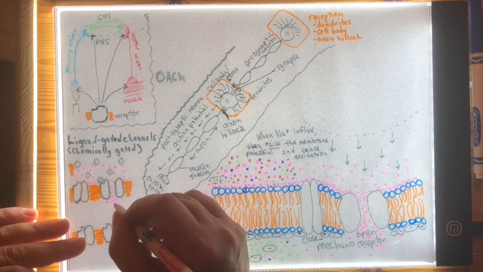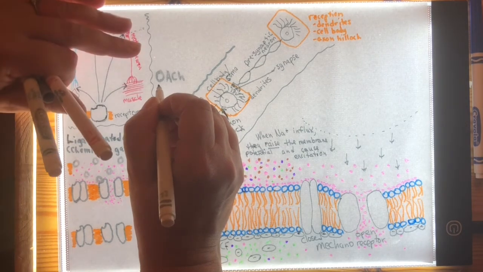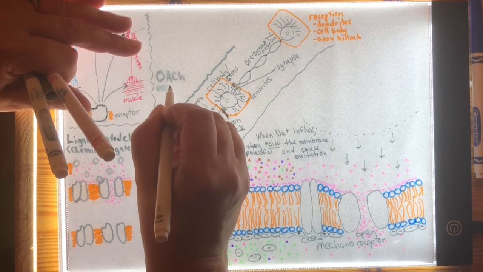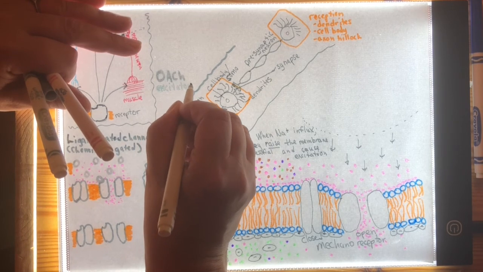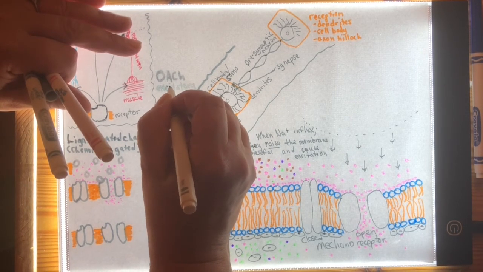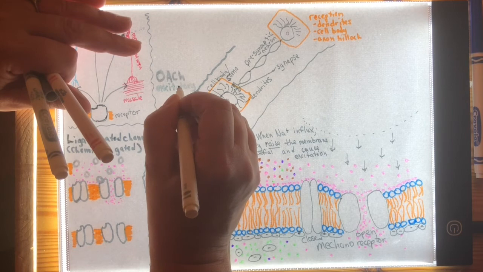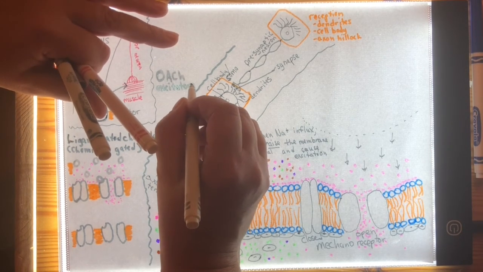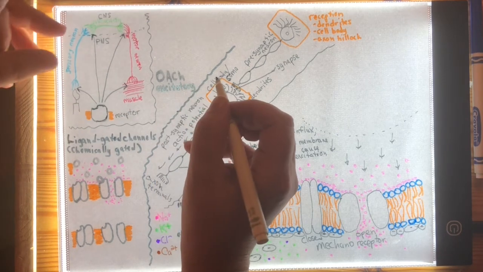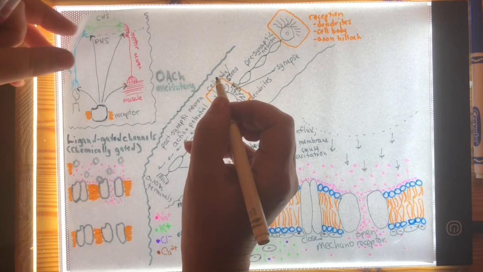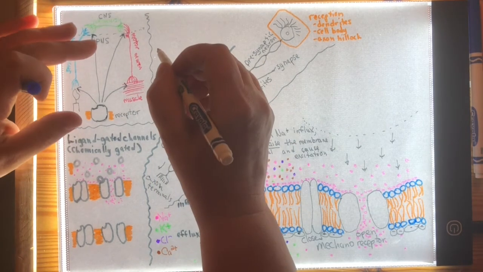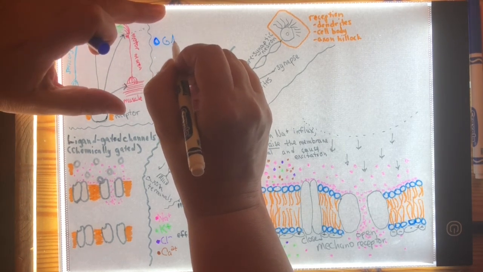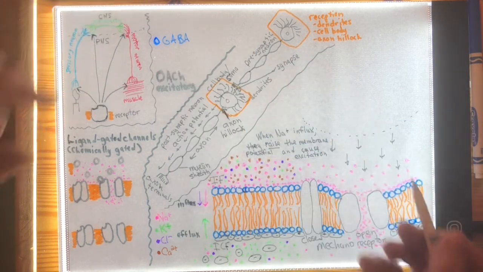So these positively charged sodium ions rush into the cell in the direction of its diffusion gradient and its electrical gradient, where it's negatively charged inside. And therefore, because these positively charged ions are rushing into the cell as a result of acetylcholine binding, acetylcholine is considered to be an excitatory neurotransmitter. Acetylcholine actually has other roles, which we'll be discussing down the line, but in this context, it's super straightforward.